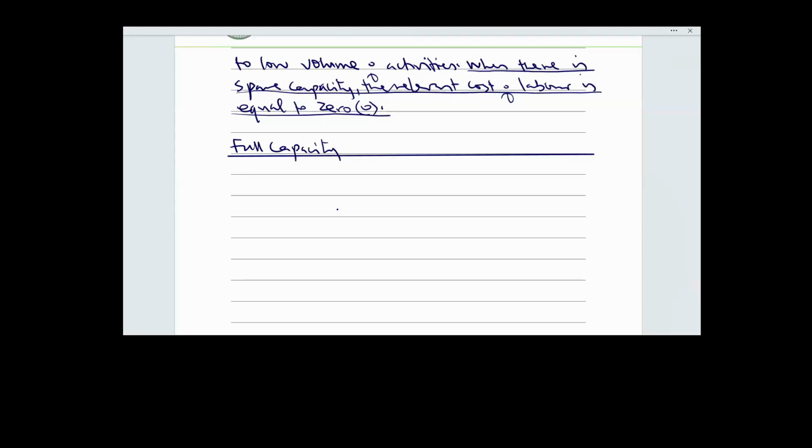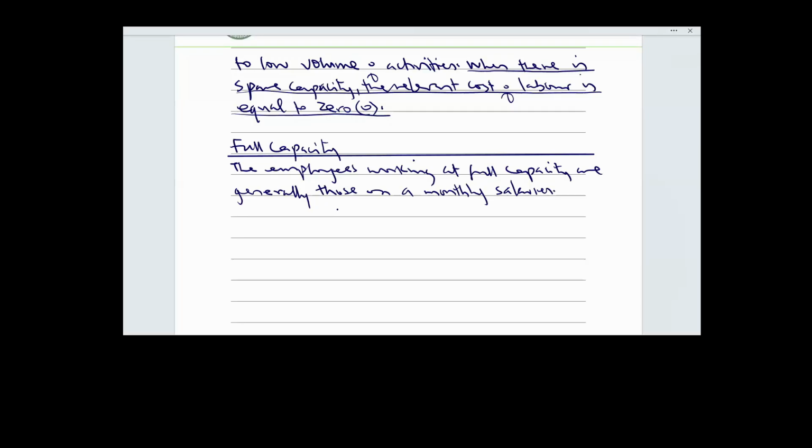So the employees working at full capacity are generally those on a monthly salary.